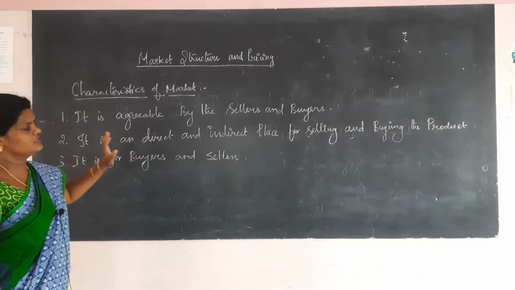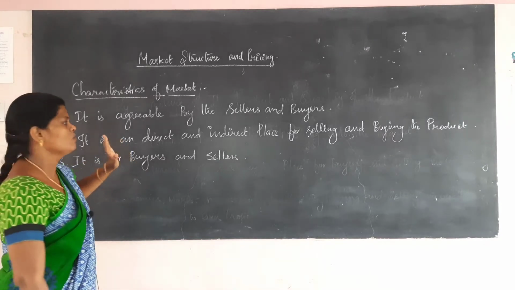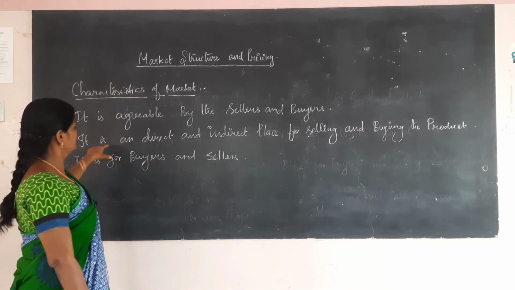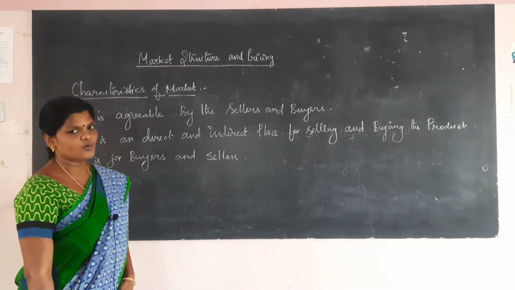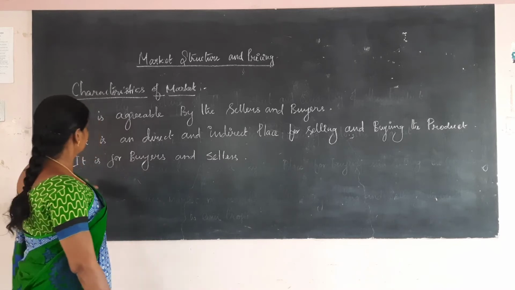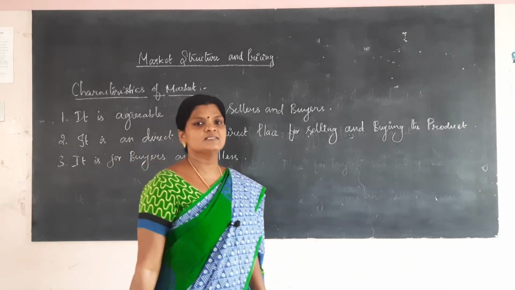Then it is a direct and indirect place for selling and buying the product for the consumers. Then it is for buyers and sellers. Market is for buyers and sellers.